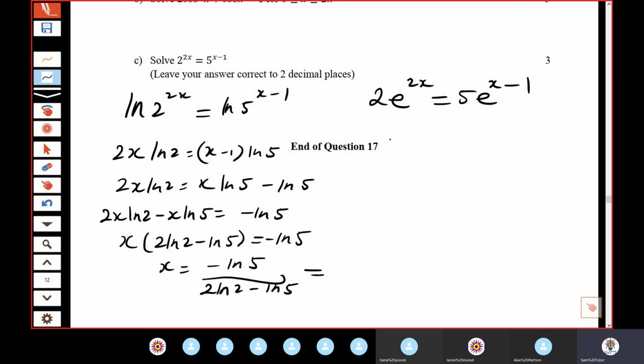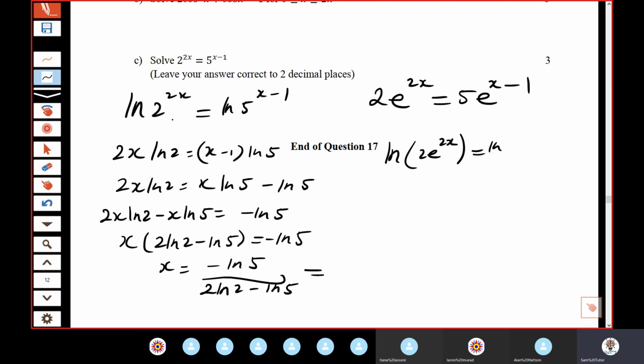All right, let's do it. So we're going to log both sides. So it's going to look like this. Log 2e to the 2x. Can you do it separately, like ln 2 and then ln e to the 2x? You'll see. We're still going to log both sides, so that really can't change. Log e to the 2x equals log 5e to the x minus 1.